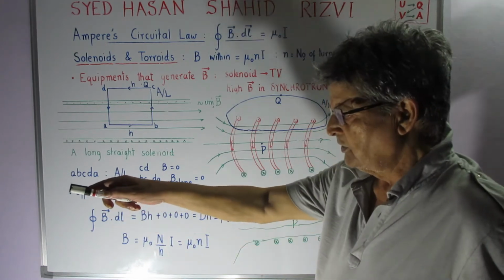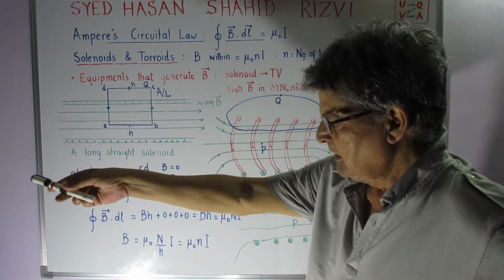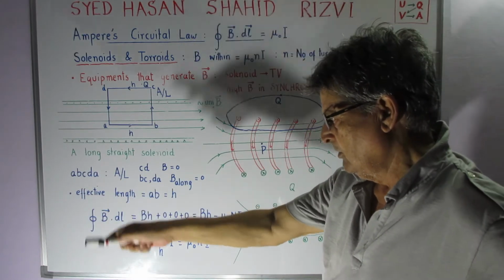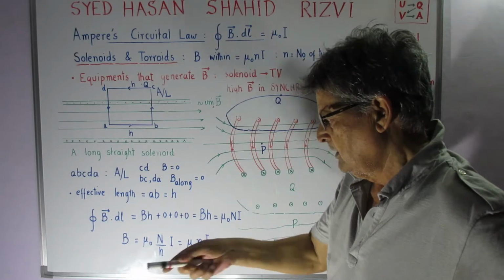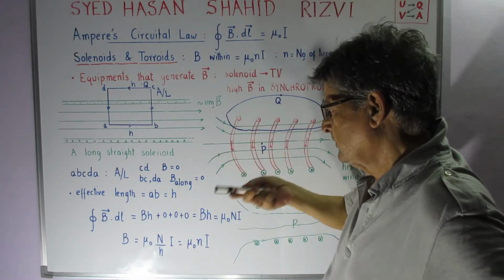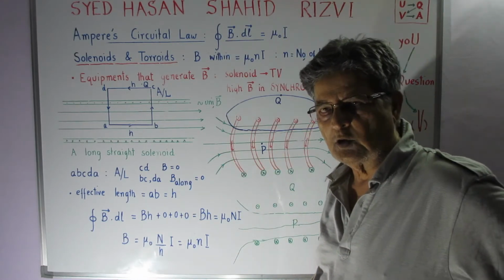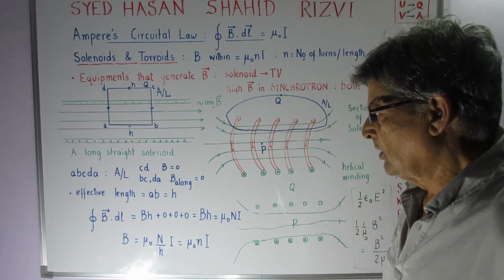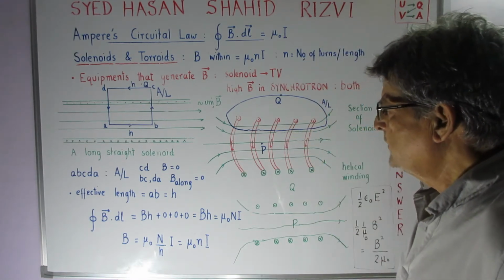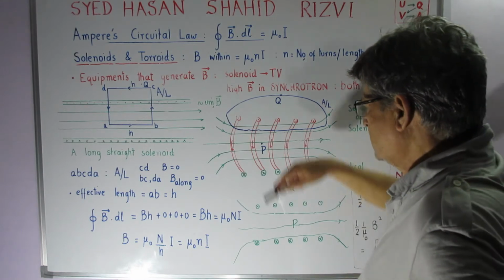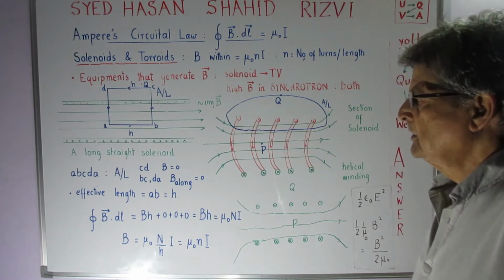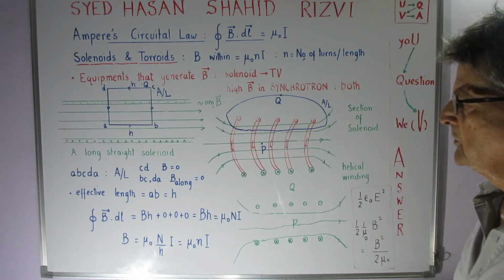Okay, which are solenoids. A solenoid is a cylindrical thing where we can wind flexible wire like this. Very close wires that we can draw, and which we can wind on a cylindrical surface.